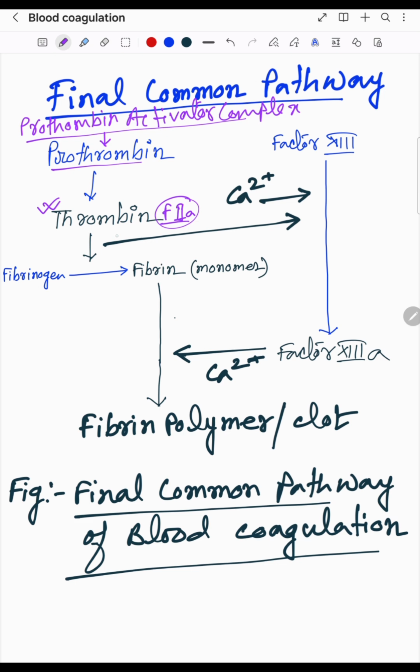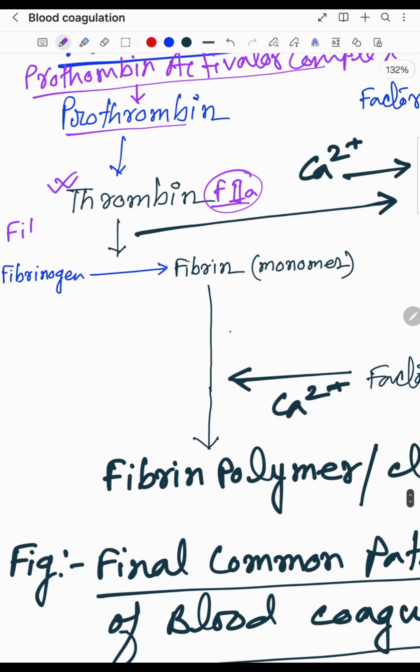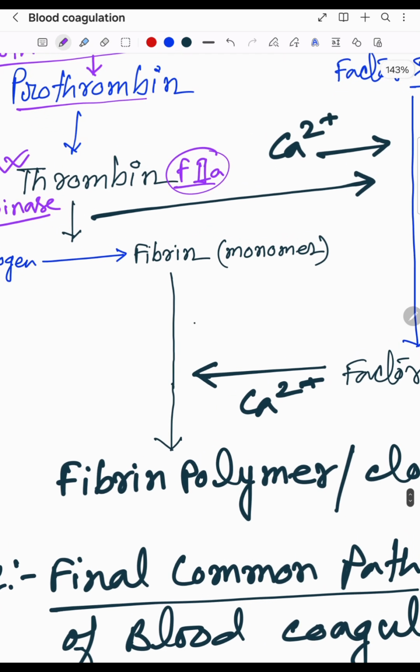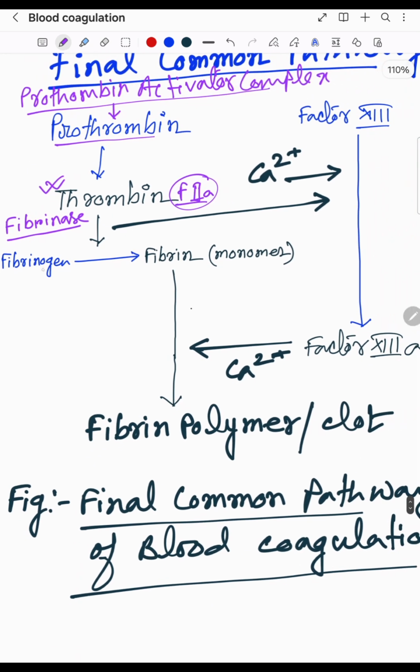Now this thrombin, okay, what does this thrombin do? This thrombin produces fibrinase, which is an enzyme. Okay, thrombin helps in the activation of fibrinogen to fibrin.